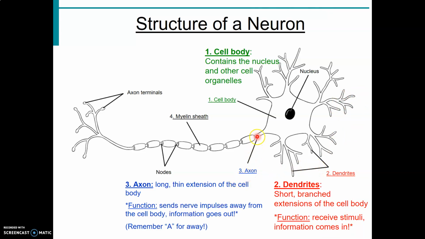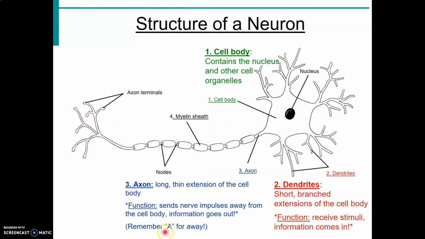The axon is this long, thin extension of the cell body itself. And this primarily functions to send nerve impulses away from the cell body. So this is sensory information going out from the cell body to the axon terminals.